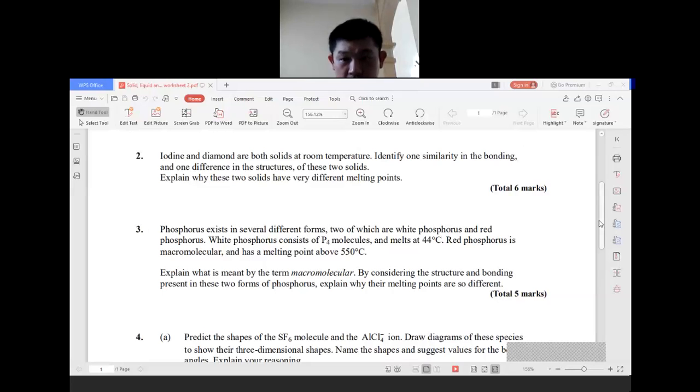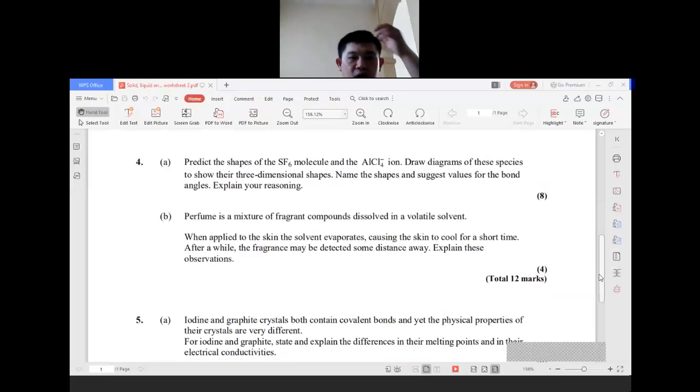On the next number, we have to draw the shapes of the molecule. And also next number, number B, white perfume is using solvent, and once the solvent is evaporated, it causes the skin to cool for a short time, and then the fragrance can be detected from some distance away.